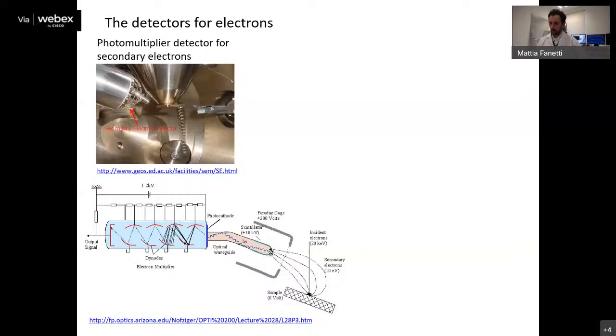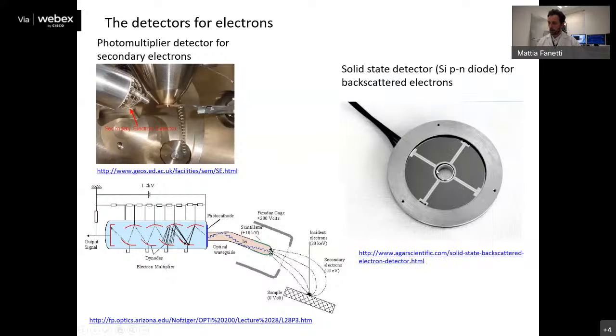There is another very important kind of detector, which is the backscattered detector. In this case, a completely different situation. We have a silicon PN junction, let's say a silicon diode, which can convert the incident electrons, in this case with higher energy.